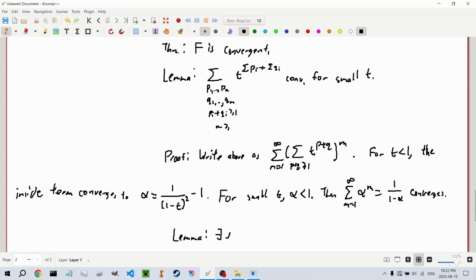So lemma: there exists a constant alpha between 0 and 1, it could be 1, such that each n factorial is at least alpha to the n, and the size of n is at least alpha to the n for all n being a positive integer.